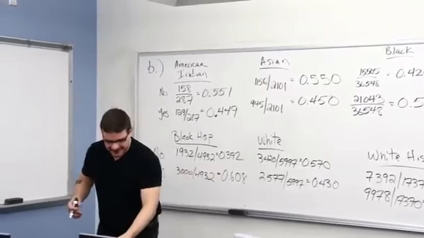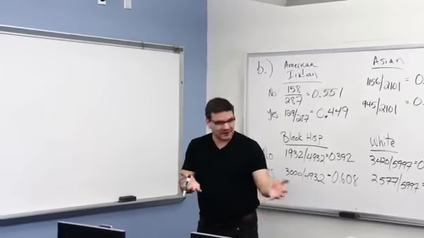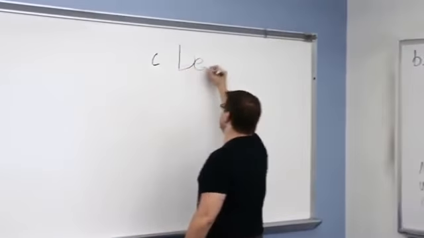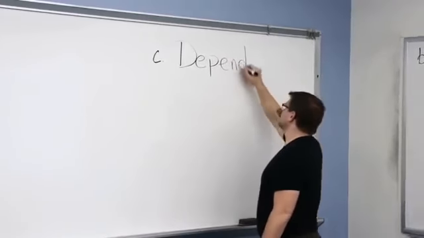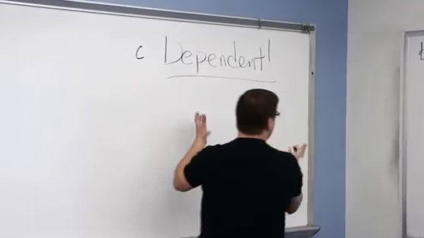I've said it probably 8 times already, but Part C, are race and being frisked independent or dependent? Part C, this is a big fat dependent, exclamation mark, and how can I support that?